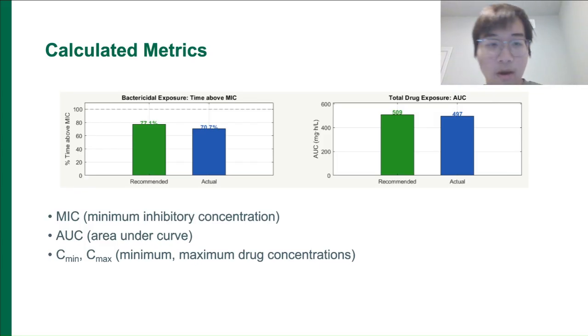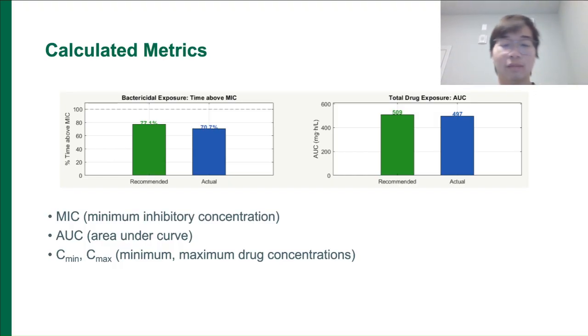And my model also calculated some other metrics, which include the time above the minimum concentration that is useful to fight against the disease, the area under the curve, which is another biomedical parameter used in pharmacokinetics.